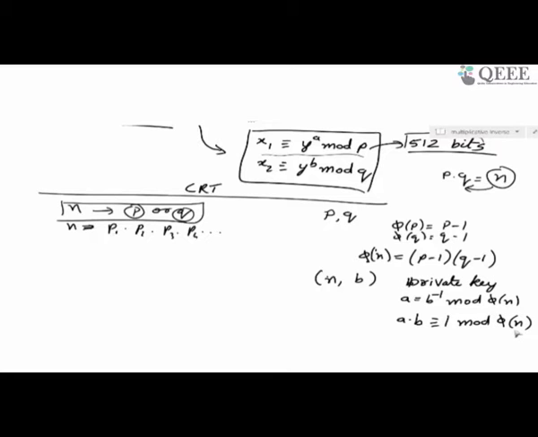He knows (p minus 1) times (q minus 1), therefore he can compute phi of n. He knows b because it is public, and therefore he only requires to compute b inverse. Given these two pieces of information, he can easily compute b inverse by the extended Euclidean algorithm which we have studied.